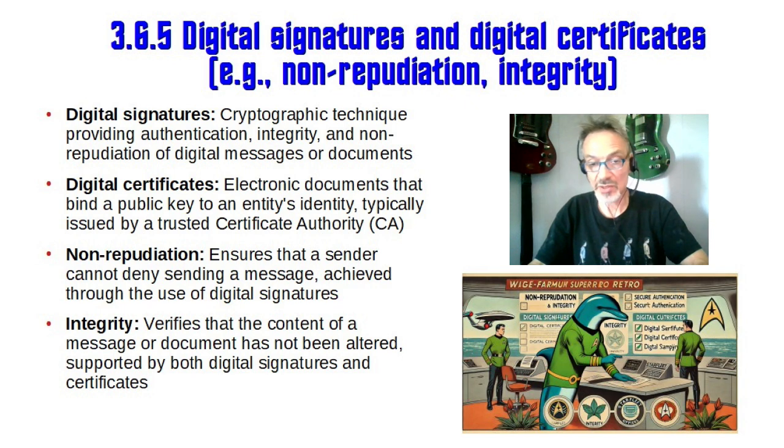Non-repudiation means that the sender can't deny it, because if that public key decrypts it, that private key was used. It provides a zero-knowledge proof. And integrity, because of the hash, a digitally signed document or code has also been validated for integrity. Now, as you prepare for your exam, consider how digital signatures and certificates relate to each other and to other topics we've covered.